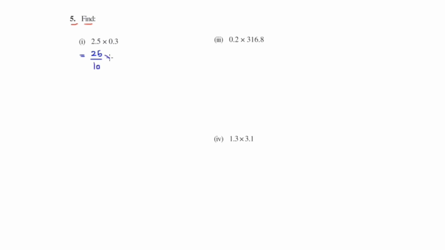Okay, now times 0.3, which can be written as 3 over 10. Multiplying the numerators, we will get 75, and in the denominator we will get 100. Since we have two zeros in the denominator, the answer will be 0.75. Clear? So this is the way to do the multiplication of these two decimal numbers.